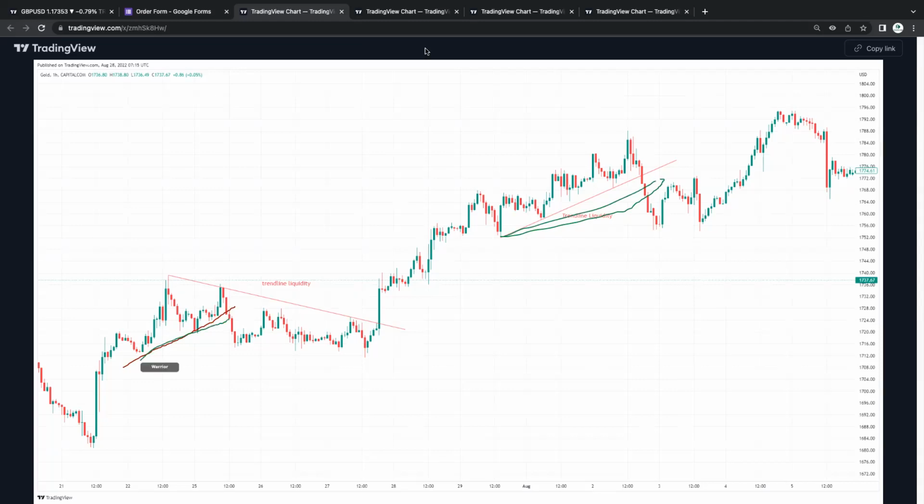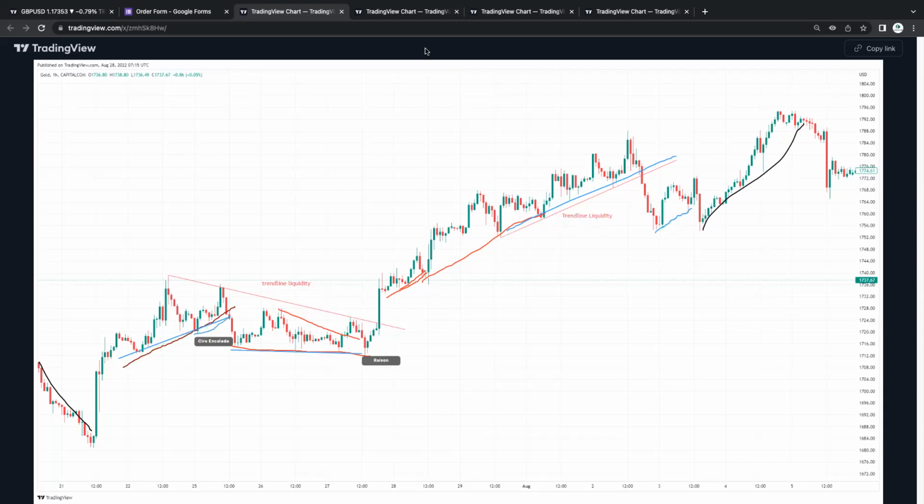You can mark using your any trade tool. Okay, perfect.